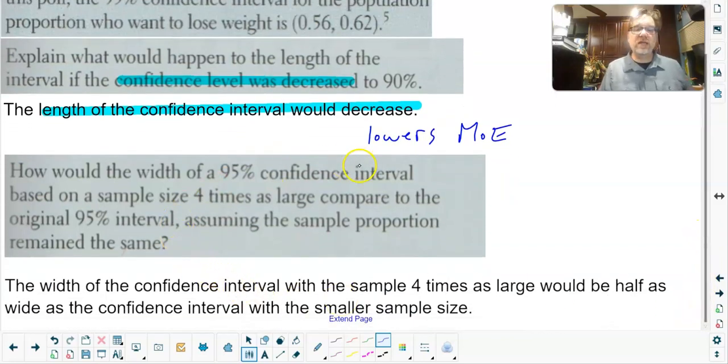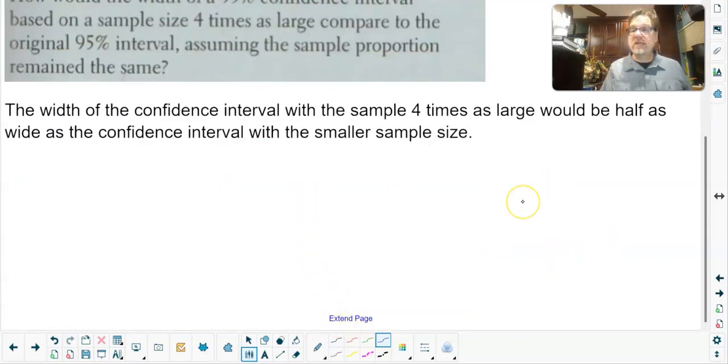How would the width of a 95% confidence interval based on a sample size 4 times as large compare to the original 95% interval? So I am making my second sample larger. When I make a sample size larger, my interval gets shorter. We saw that.